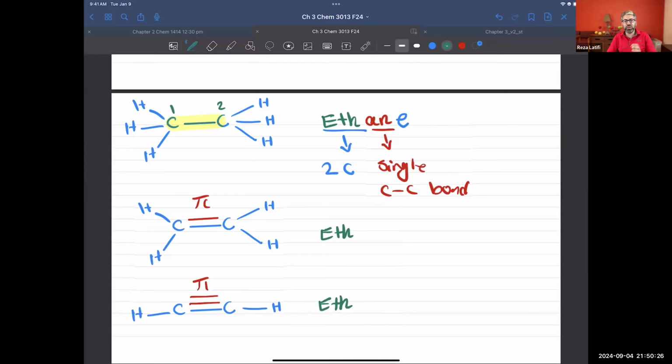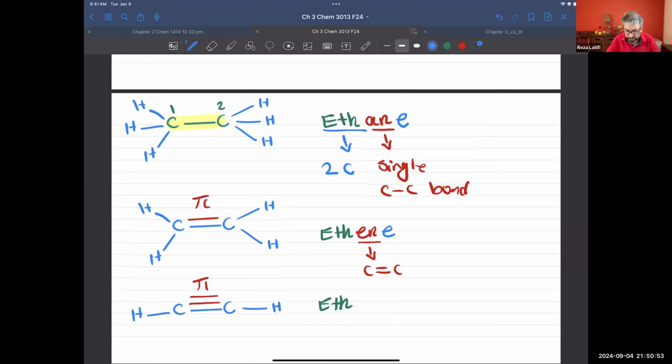Now if you have one pi bond, instead of saying AN, this time you will say EN. EN is talking about double bonds. Then you will end it with E. So this one will technically be ethene.